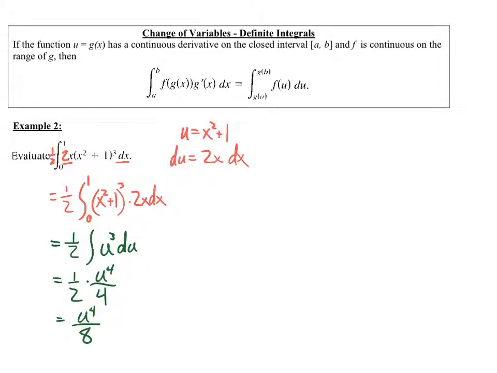Now, here's the problem people run into. Problem number 1 is they will take the 0 and the 1 and evaluate it at this point. However, the 0 and the 1 were not values of u, those were values of x.